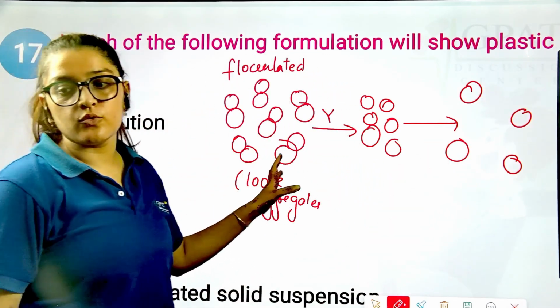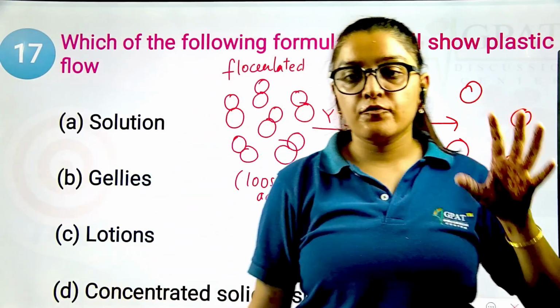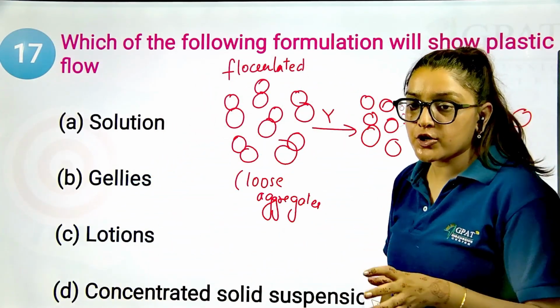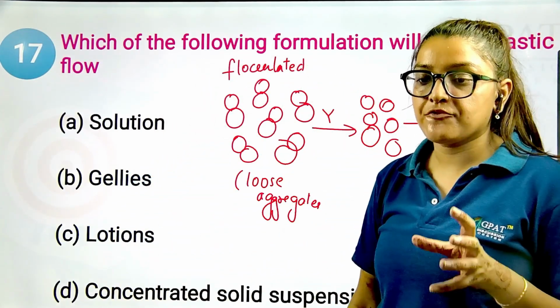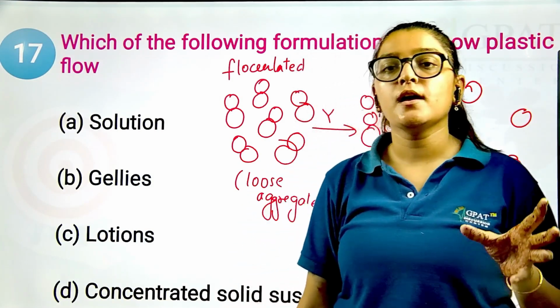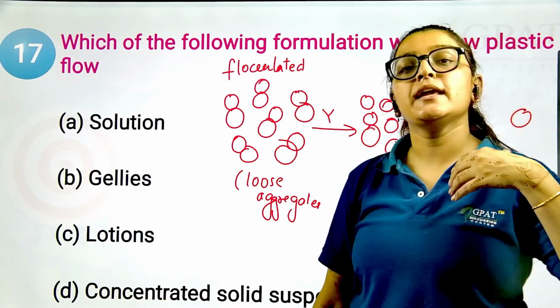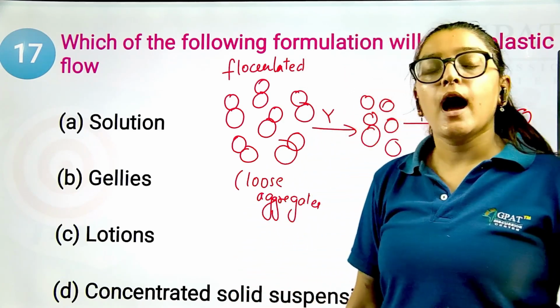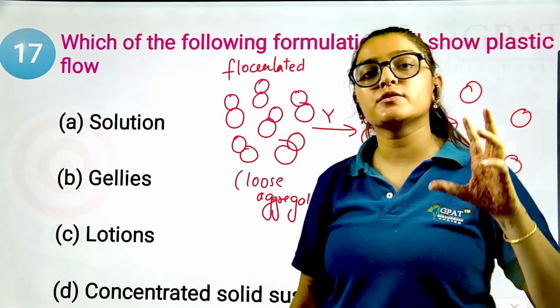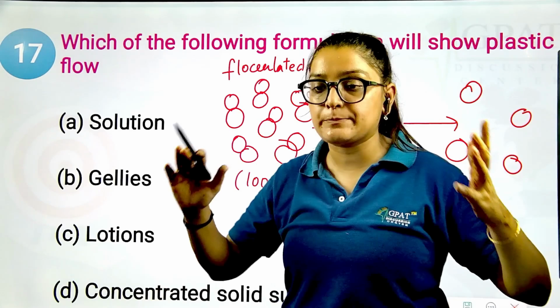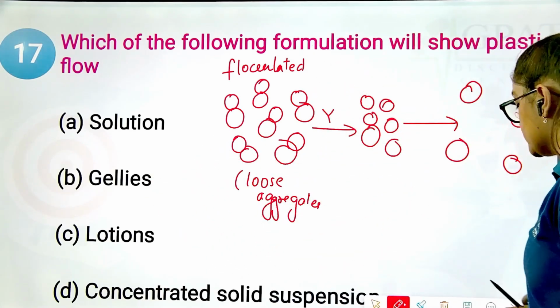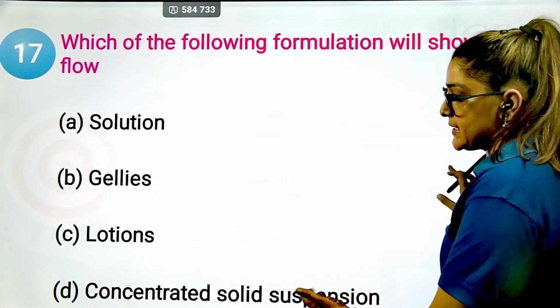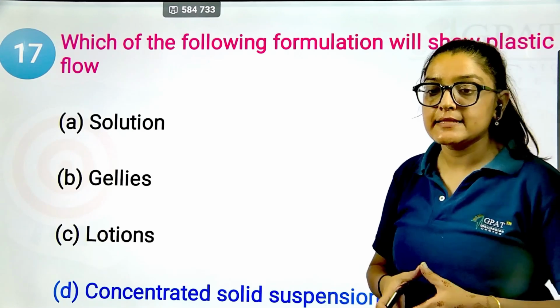So here only the plastic system has flocculated particles, which is the concentrated solid suspension. Although if it is deflocculated, that will be included in the dilatant system, because they expand. Here just a yield value is required. So we have our simple example of concentrated solid suspension.